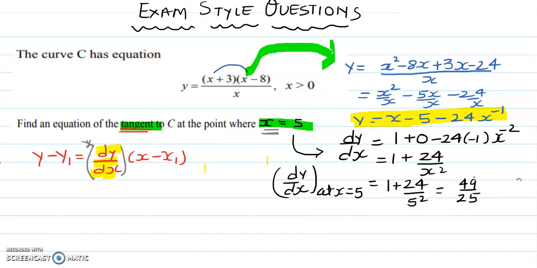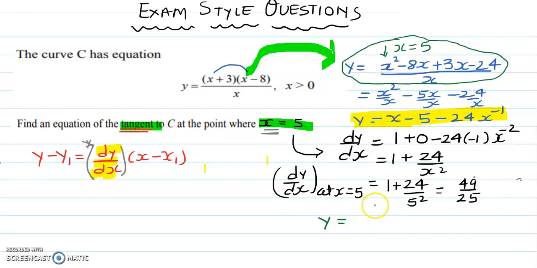So how can we calculate y? If you put x equal to 5 in this equation, then we get y. So let's quickly do it. 5 squared is 25. I'm doing mental calculation, so it will be minus 8 times 5, minus 40, plus 15, minus 24 divided by 5.